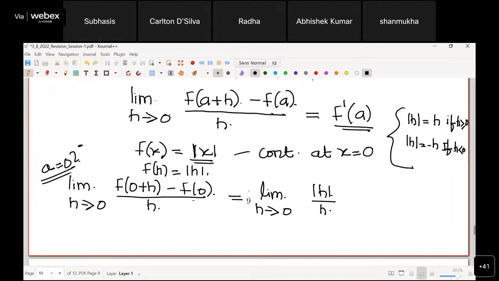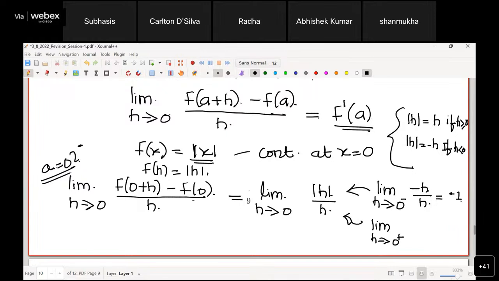Because if I take the left hand limit, what will I get? If I take the left hand limit, h tends to 0 minus, then this modulus of h is nothing but minus of h. This is minus of h by h, which is basically minus 1, right? And if I compute the right hand limit, that means this h is positive.